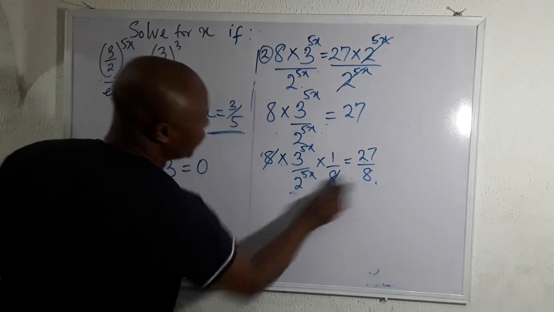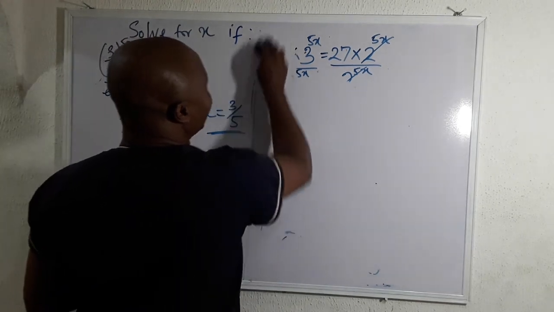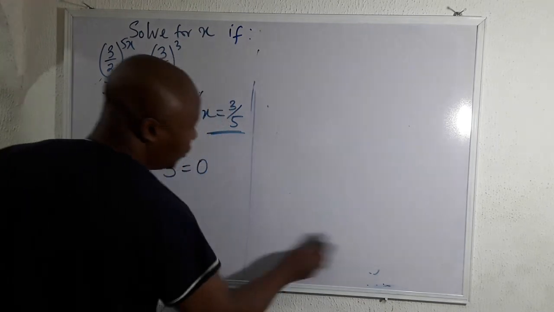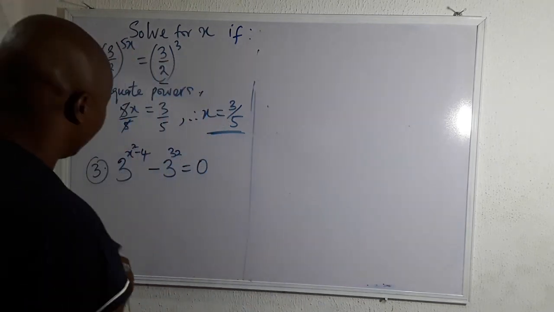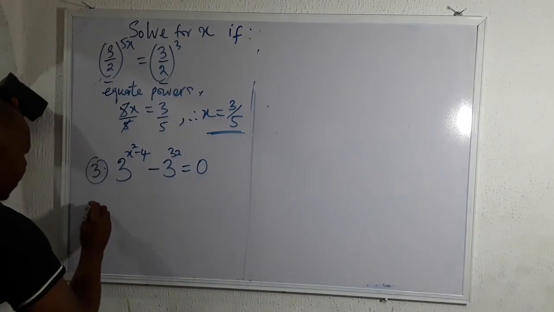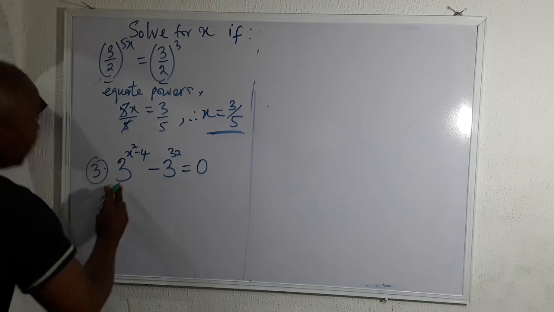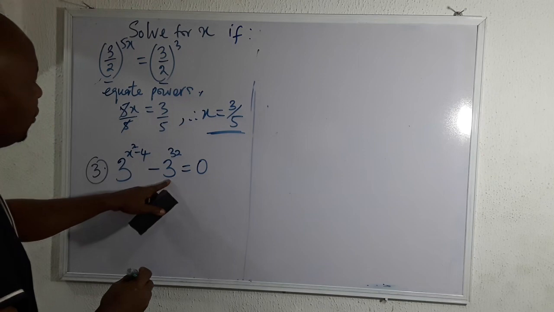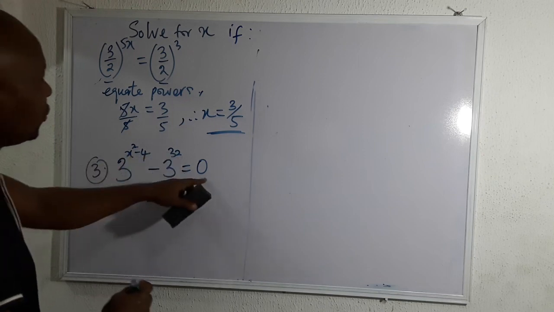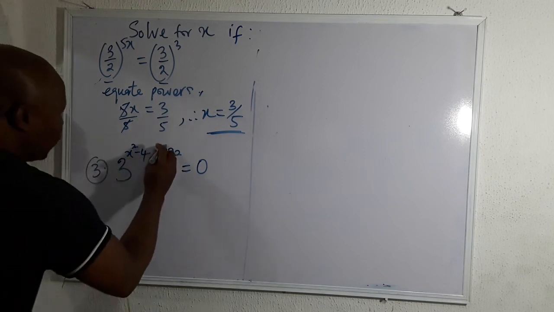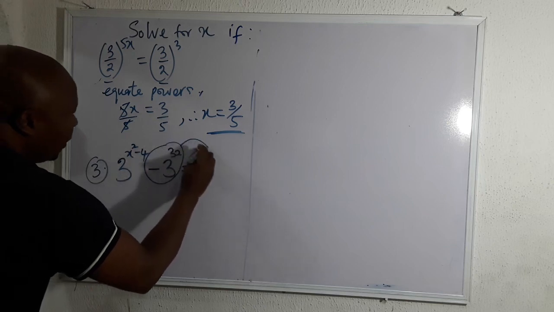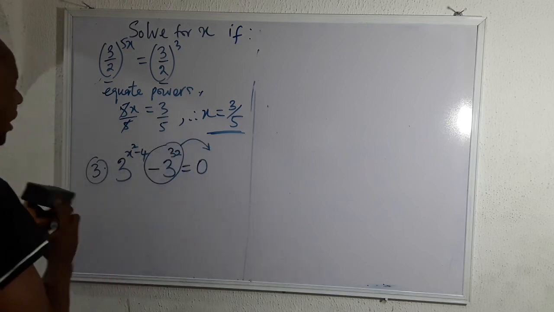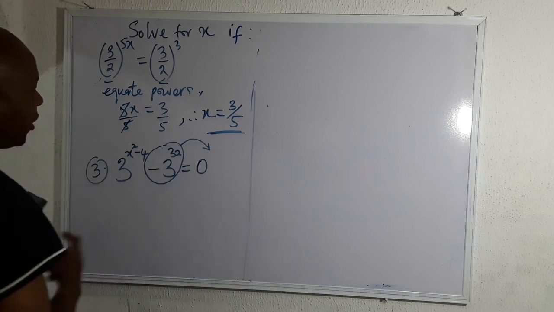Now, on question number 3. Question number 3 says that 3 raised to power x squared minus 4 minus 3 raised to power 32 is equal to 0. So all we need to do is to move this to the right hand side, and the sign in front of it becomes positive.